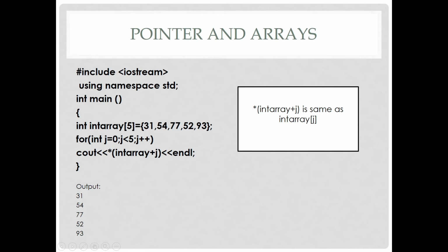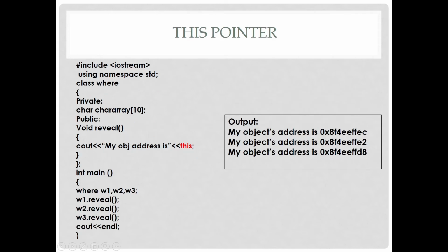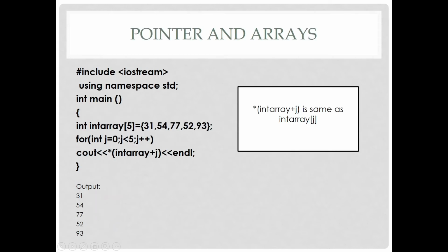Int array plus 1 is nothing but int array of 1. You have a star over here, so the value 54 will be displayed. Similarly, 77, 52 and 93 will be displayed. So you have to understand that star of int array plus j is nothing but int array of j.